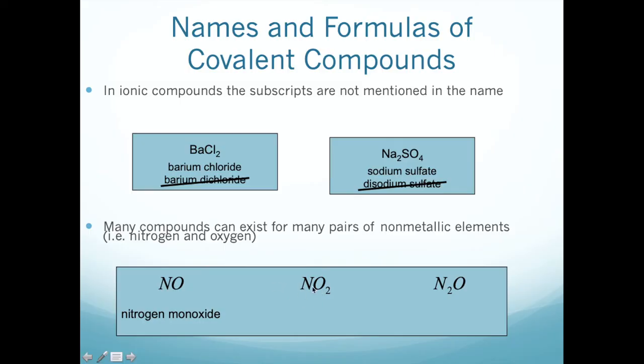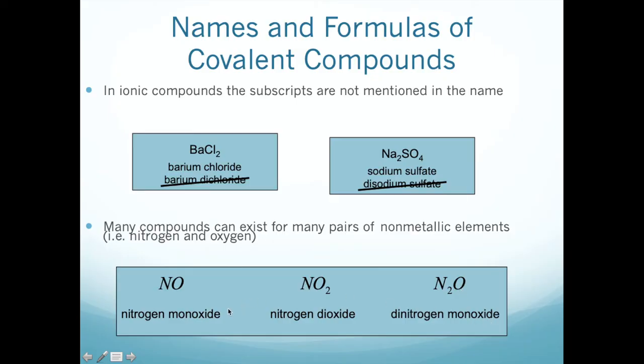Now look at the second example here. We have one nitrogen and two oxygens. We still say nitrogen to start off with, but the prefix for 2 is di, so it would be nitrogen dioxide. Now look at this third example here. Here we have two nitrogens and one oxygen. So the prefix for 2 is di, so we say dinitrogen monoxide because there's one oxygen.